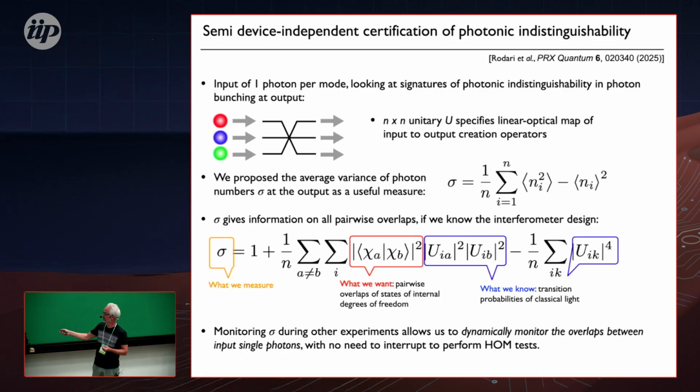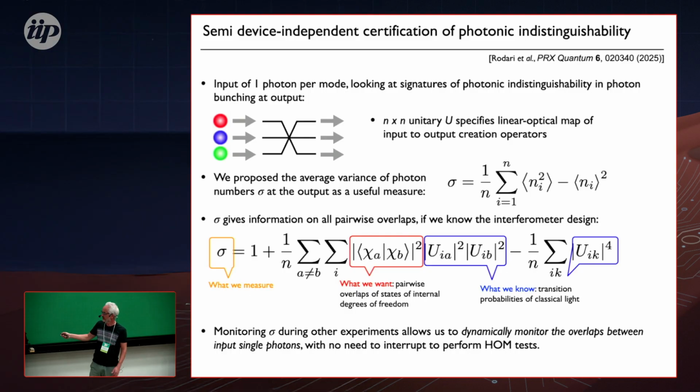So the sigma is the variance, the average variance. And we managed to prove this formula, which tells you that the variance that you observe is a function of the interferometer unitary, that's the settings of the beam splitters and phase shifters you have, and of the overlaps between the wave functions that describe these photons, okay?